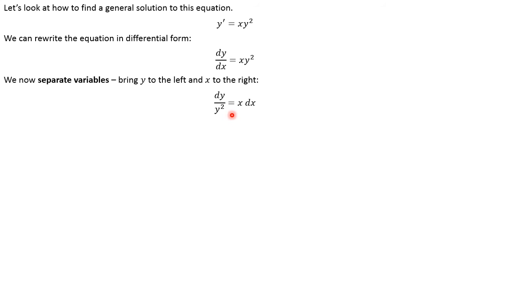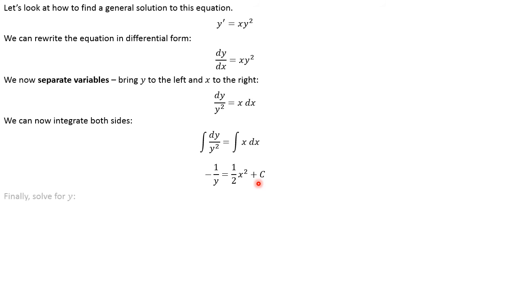And so we've rewritten this equation in this format, and now we are allowed to integrate both sides, like so. Calculating these integrals, both just the power rule, and including an arbitrary constant of integration on the right-hand side, and finally solving for y, we get what's called a general solution to this differential equation.